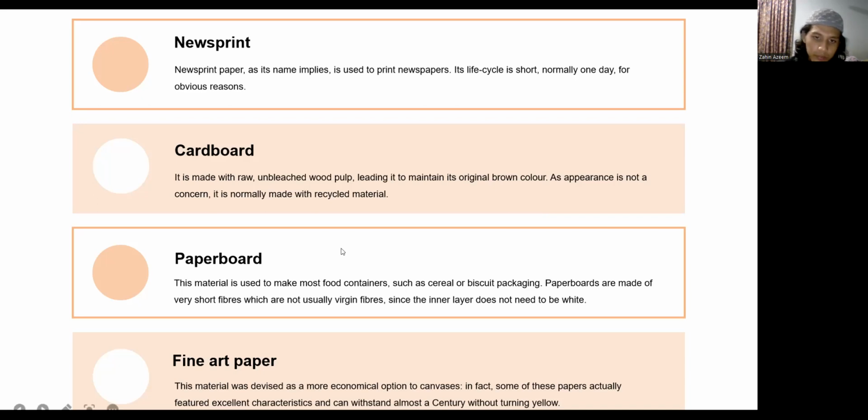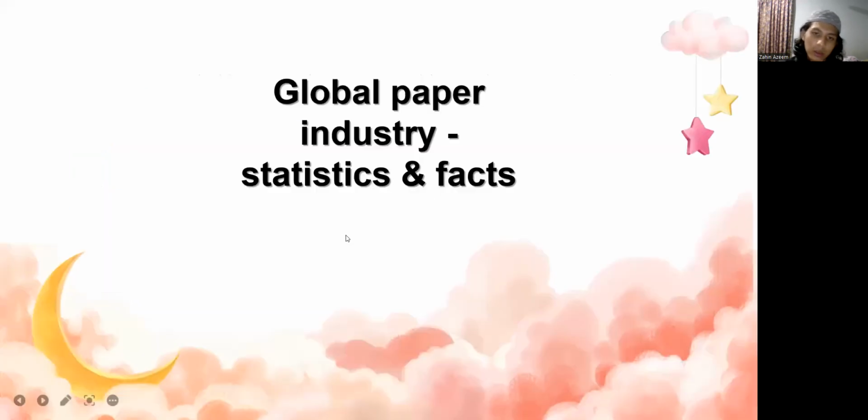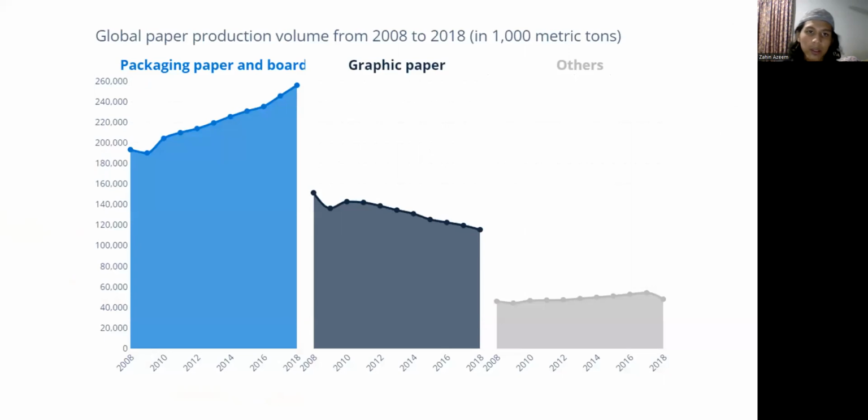So next we talk globally about the paper industry, its statistics, and some facts. This graph shows the global paper production volume from 2008 to 2018 in 1,000 metric tons.